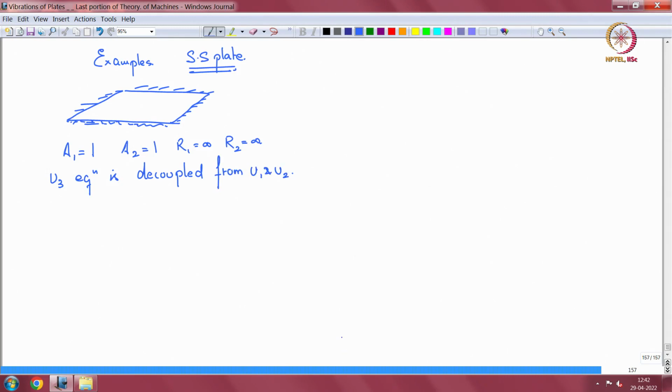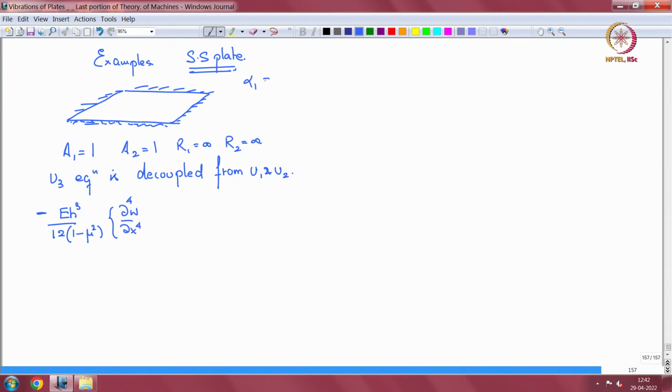Now if I write it the way the textbook does it, I have minus E h cubed by 12 (1 minus mu squared) into (del 4 W by del x fourth plus 2 del 4 W by del x squared del y squared plus del 4 W by del y fourth) minus lambda W dot minus rho h W double dot is equal to minus Q3(x, y, t).